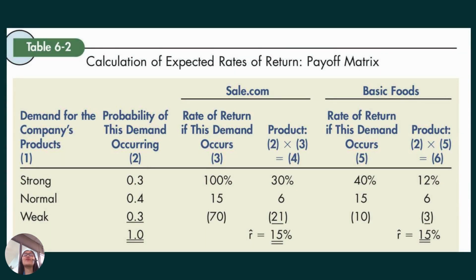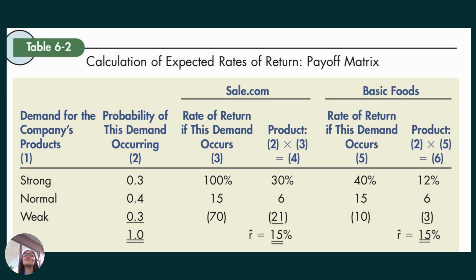Okay, expected rate of return. If you multiply each possible outcome by its probability of occurrence and then sum these products, as shown in Table 6-2, we have a weighted average of outcomes.